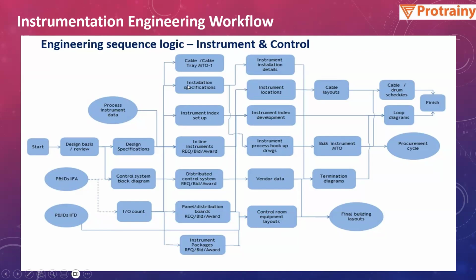Based on the installation specification, we'll be having the installation drawings. We have the cable tray, MTOs, instrument location drawings will also be there based on the ordering. Based on that, the cable layouts and cable schedule will be there. So this is basically the instrument workflow.